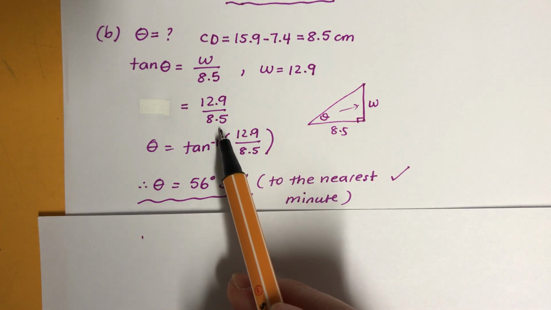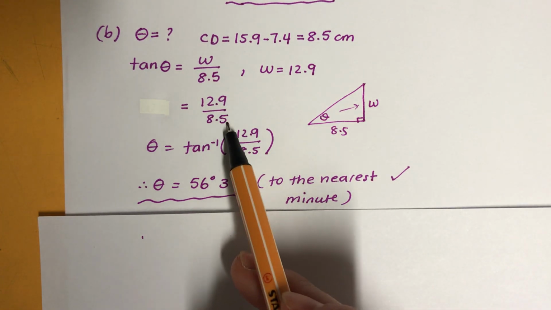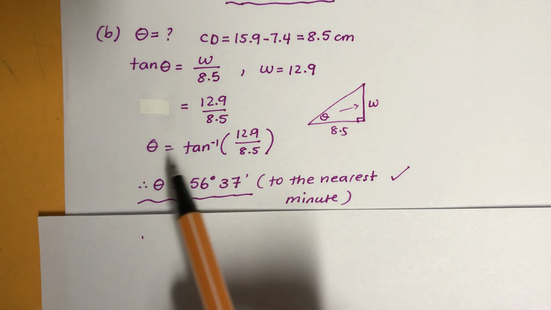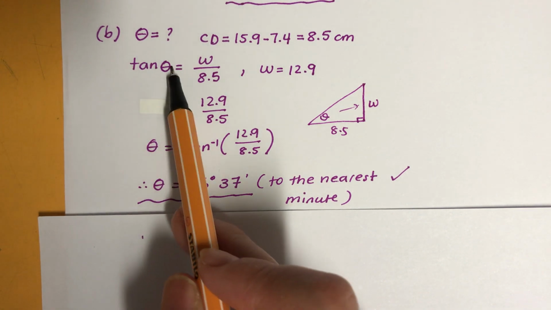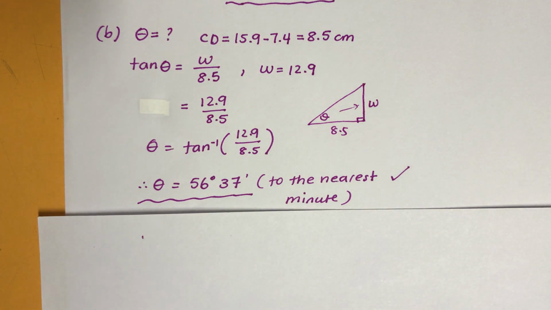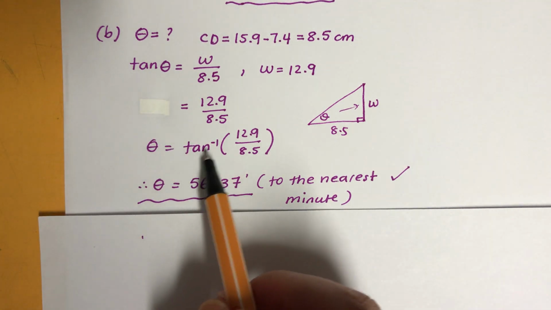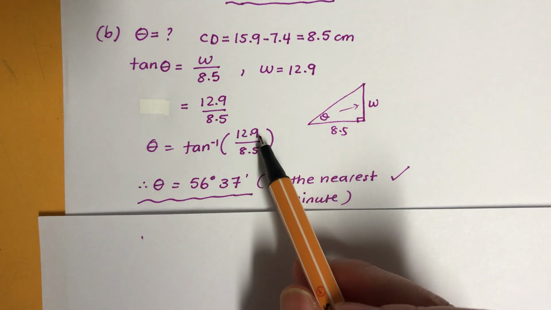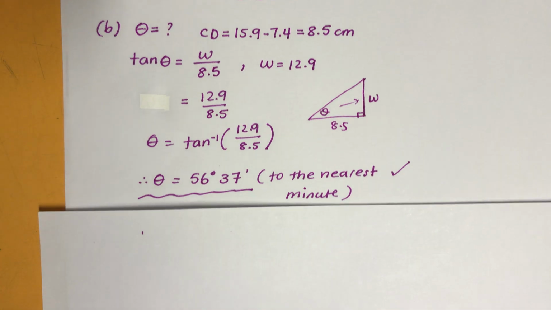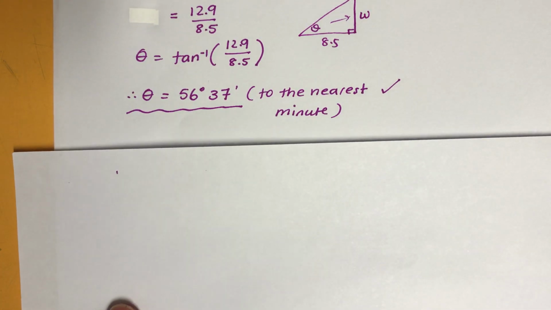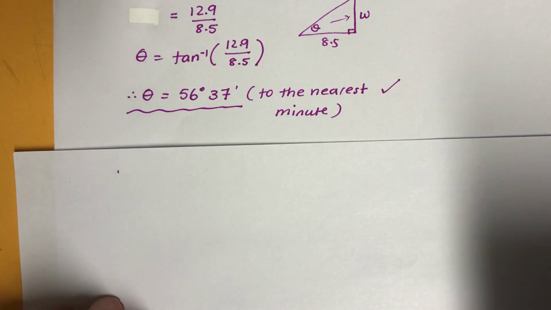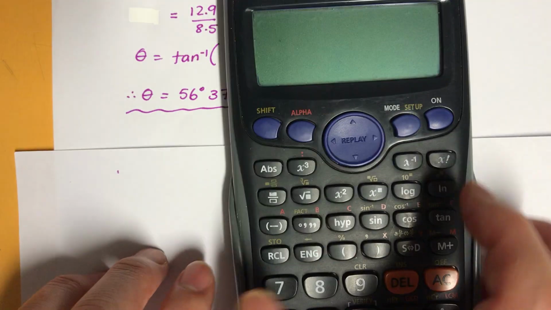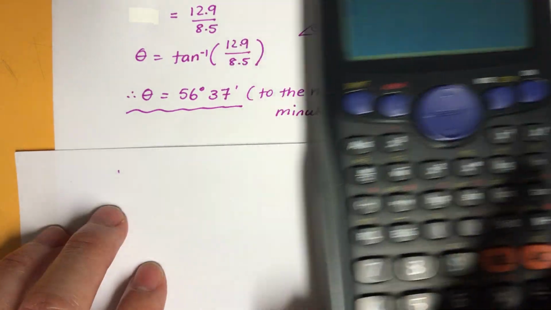But opposite is what? 12.9 from part A, and then 12.9 over 8.5, theta equals, now remember, to find the angle you have to use shift tan. So when you do shift tan, you'll get the tan inverse. It'll be 12.9 over 8.5, and you'll get the answer. If you don't remember, I'm just going to do this calculation for you.